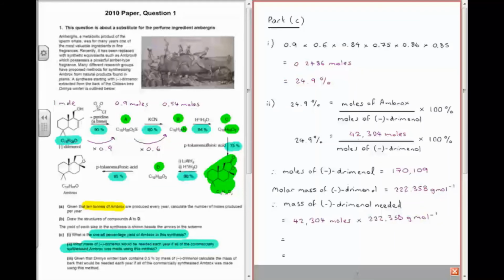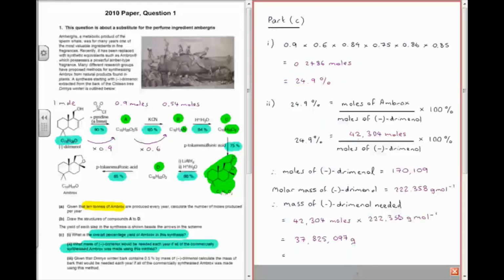So if we do that sum, we calculate the mass of minus driminol needed to be a massive 37,825,097 grams.